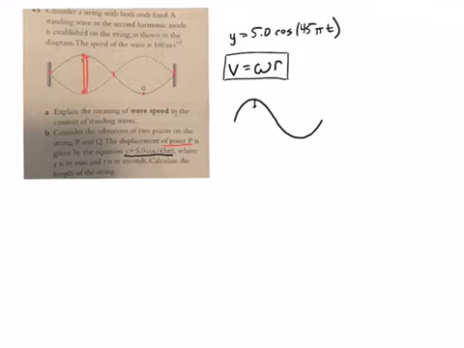That's a complete cycle. So if I were to put that on a graph, this is for point P. Point P starts at its maximum displacement, so it would be up at the top. Then it's going to come down through the middle, and then go down to the bottom.